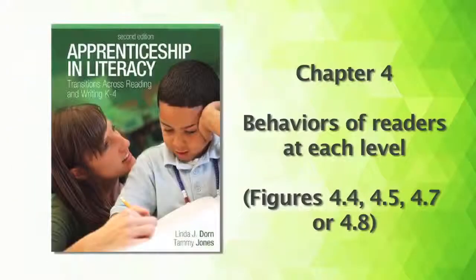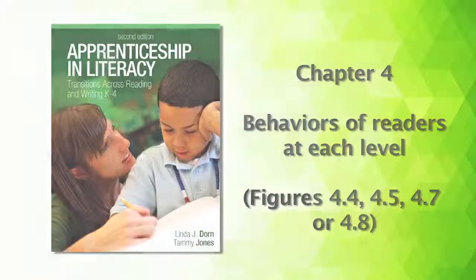Depending on the type of reader, emergent, early, transitional, or fluent, you can find charts in Chapter 4 of Apprenticeship in Literacy that list behaviors of readers at each level. Reference figures 4.4, 4.5, 4.7, or 4.8, depending on the level of reader. These characteristics of readers might be supportive in data collection.